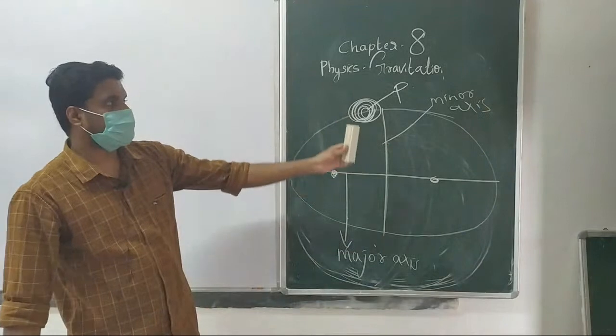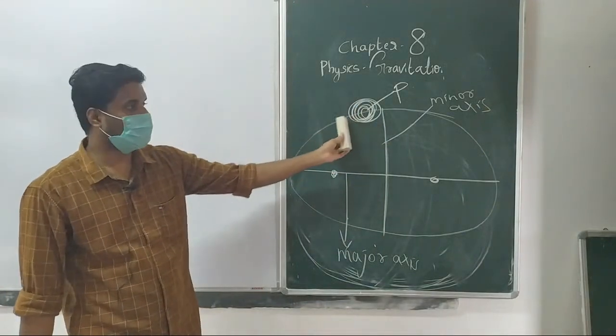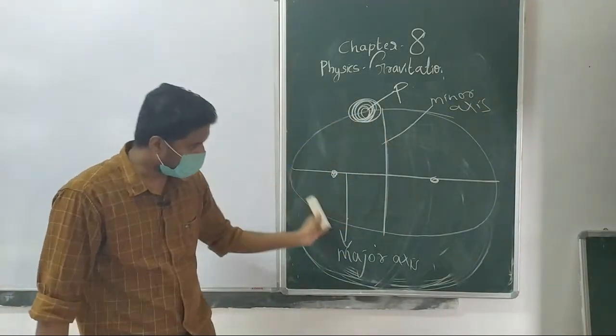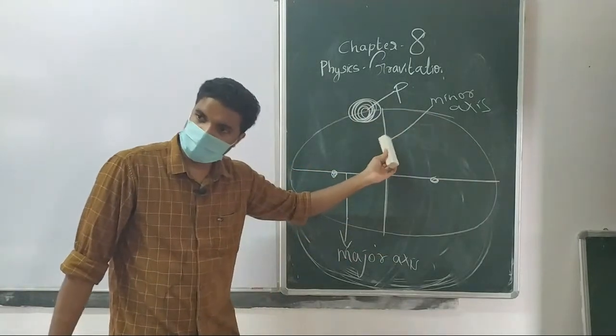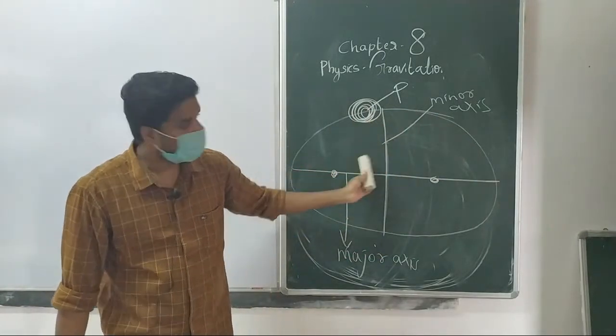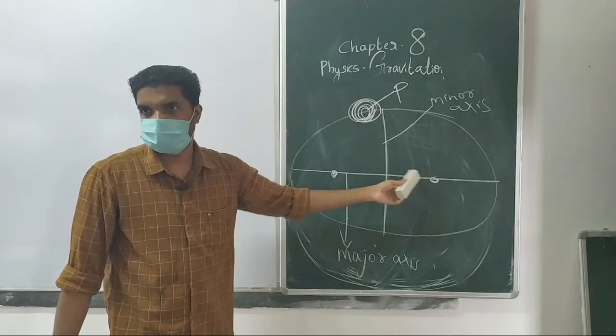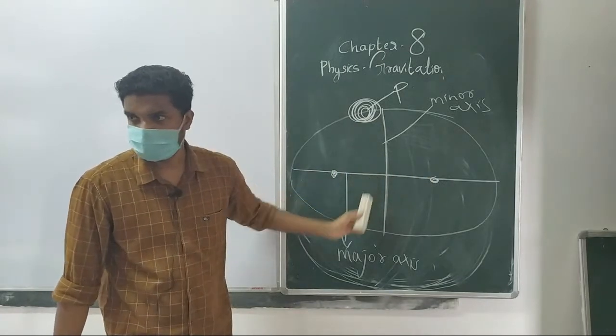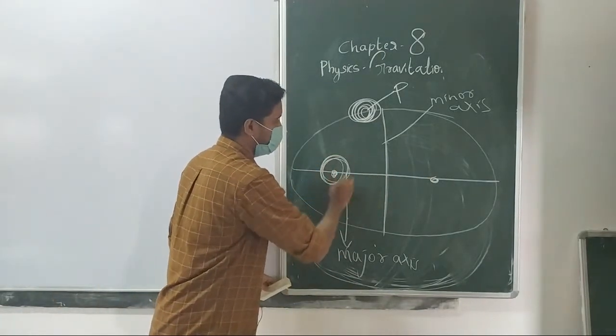The law states that every planet revolves around the sun in an elliptical shape orbit with the sun at one of its foci. You can place the sun at any one of its foci. So I am placing the sun here.